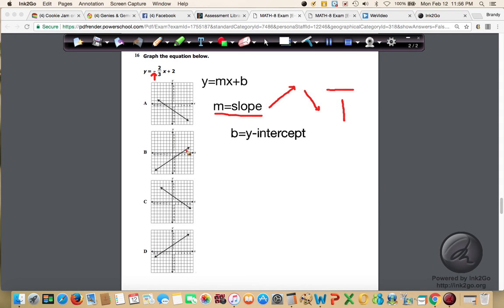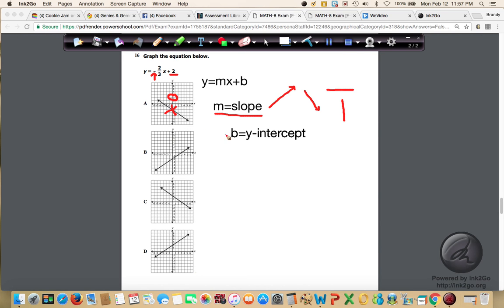That right there gets rid of 2, because you see 2 go down and 2 go up. The other one is your y-intercept. That's plus 2, a positive 2, so that's where it crosses. Does it cross right here? See this positive 2? Is that line up there? Nope. So I'm going to tell you right now, that's not one of them. It's got to cross at that 2.